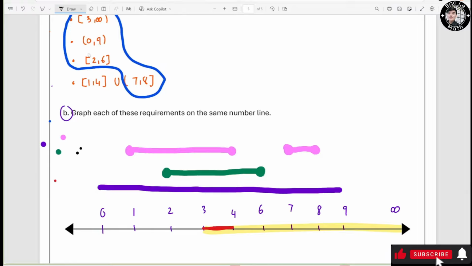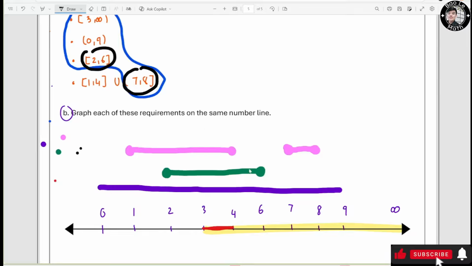Observe that the two intervals right here don't have an intersection. Look, 2 to 6 is going to be right here, and 7 to 8 is right here. There's no intersection, so for this guy right here, it's going to be empty. So the answer must be only 3 to 4.